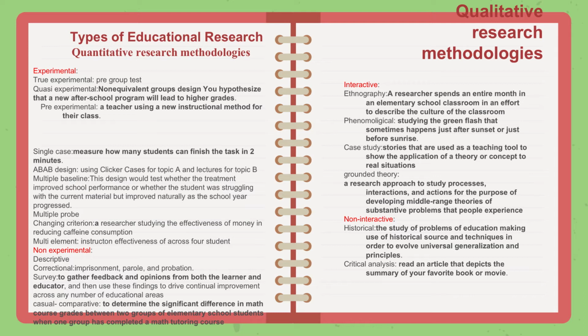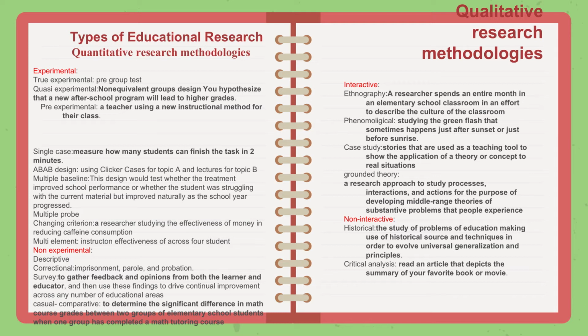Multiple probe example is changing criterion. A researcher studying the effectiveness of money in reducing caffeine. In multi-element research methodology, the example is instruction effectiveness across 4 students.